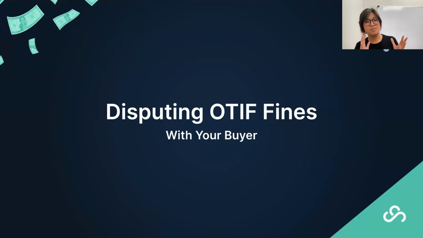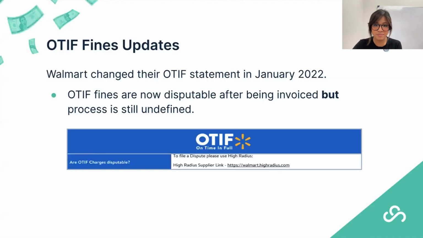They have given the avenue of utilizing HighRadius, which we'll talk about in a second. But I know that they are still allowing buyers to waive OTIF fines as well. So we prefer to give you the whole gamut of information, and then you can utilize whatever works best for the situation that you're in.